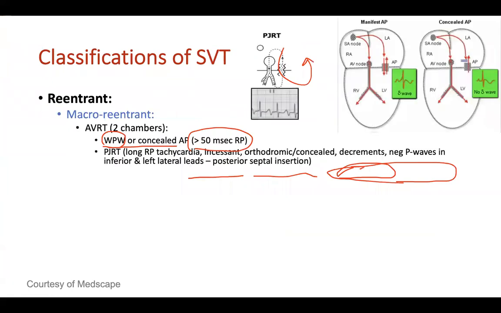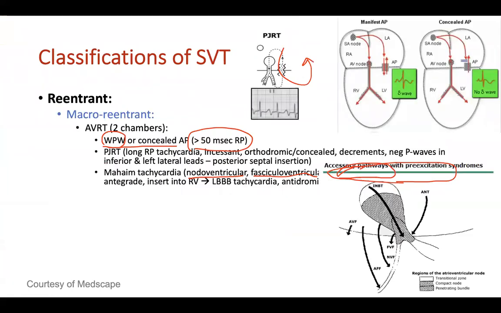Okay, questions for Mahaim? So just to re-emphasize, this is your typical accessory pathway. It's between the atria and the ventricle, okay? Your Mahaim are between the atria and the right bundle, like this guy, or between the AV node and the right bundle, or between the node and the ventricle, okay?